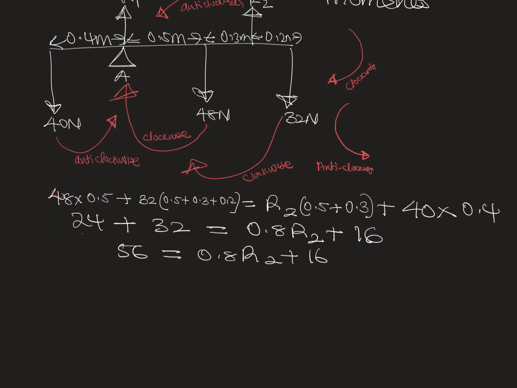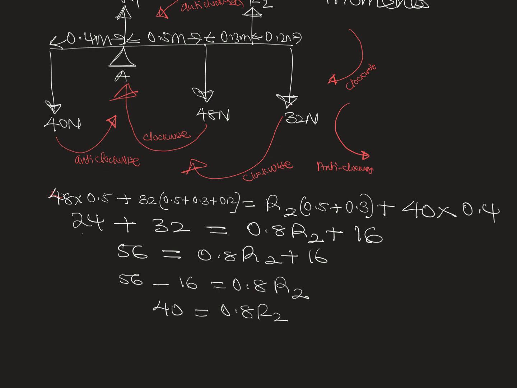So we collect like terms. We'll have 56 minus 16 equals 0.8 R2. 56 minus 16 is 40, equals 0.8 R2.